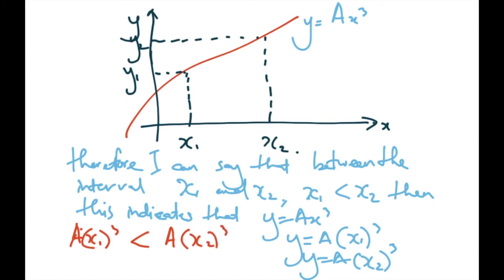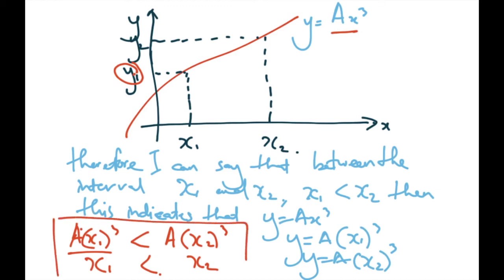So this value over here, y1, is when x1 is subbed inside this equation. So the value for this function a x1 cubed will be less than a x2 cubed between the interval x1 and x2, whereby x1 is less than x2.